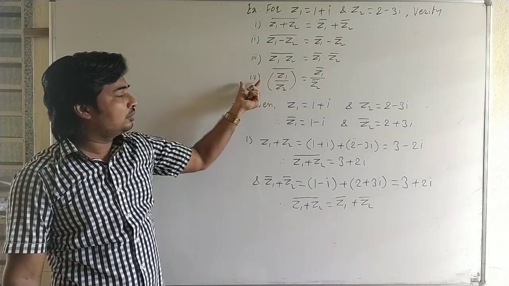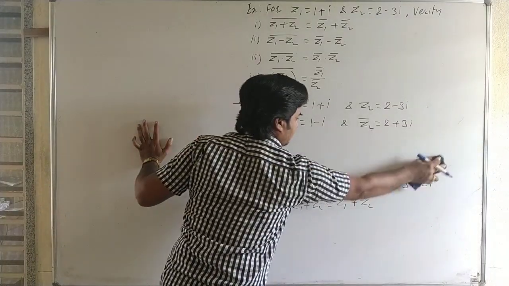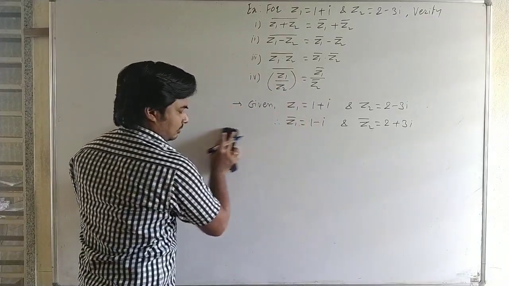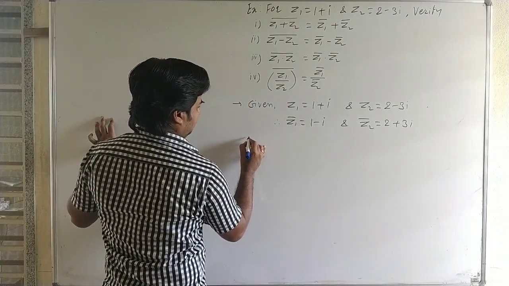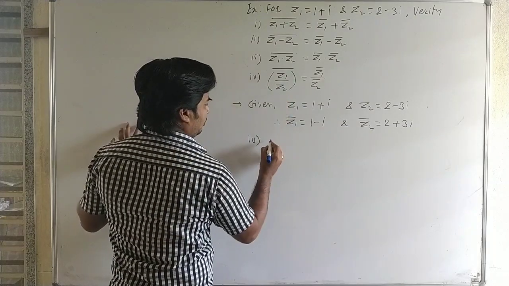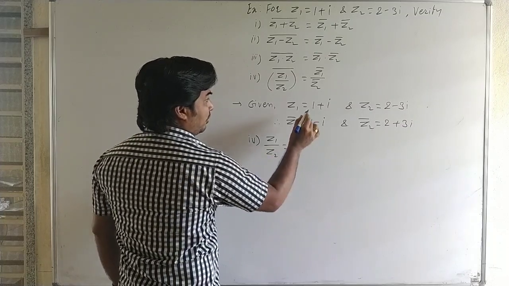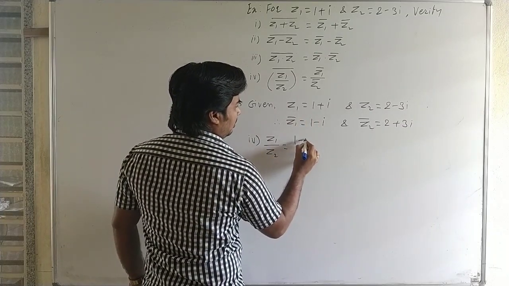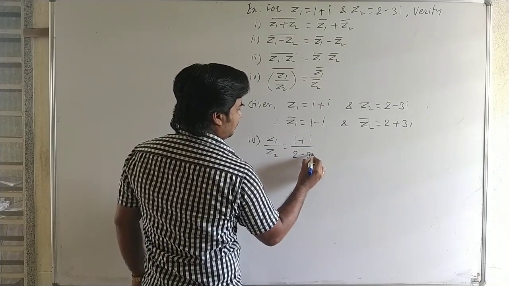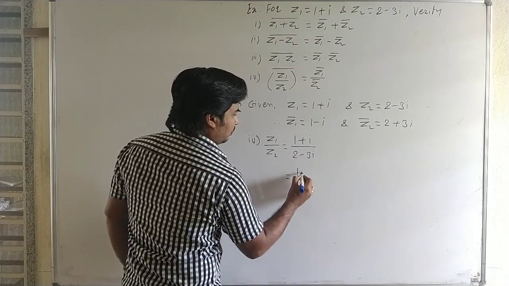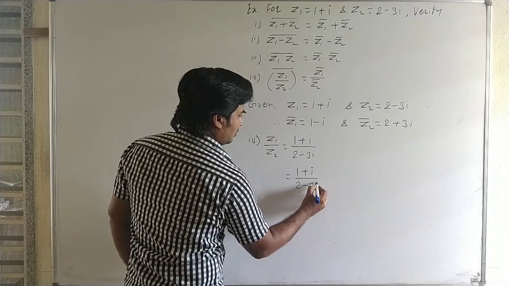Now we prove the fourth. Here number 4, first find the division of two numbers z1 upon z2. z1 is 1 plus i upon 2 minus 3i.